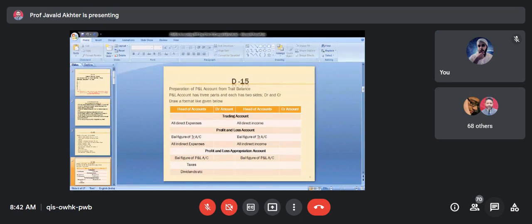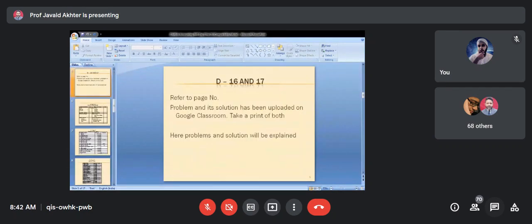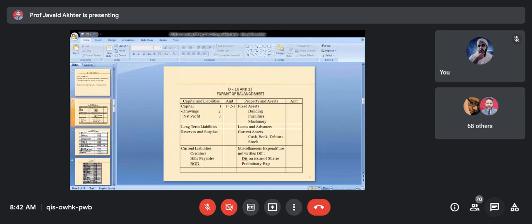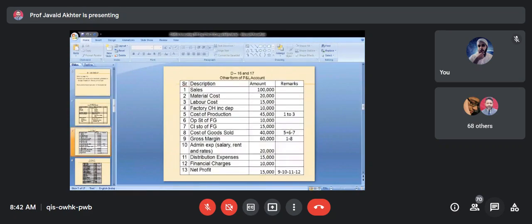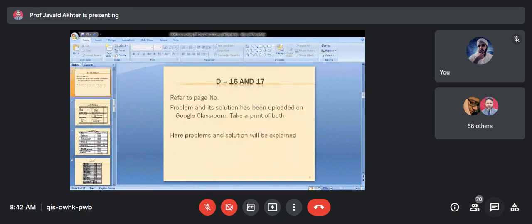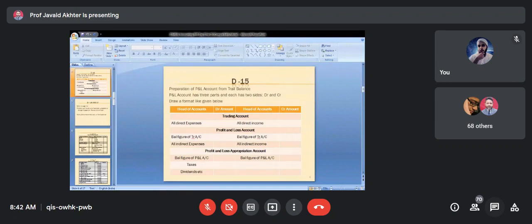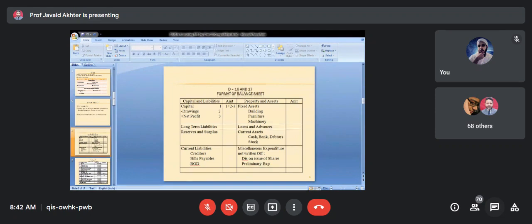We look, one second, something is wrong with the screen. Okay, when we do so, no, not this one. Okay, this one. One second. So we will fill in the figures in the profit and loss account, and we will fill in the figures in a balance sheet also. Do you see the balance sheet on the screen now?